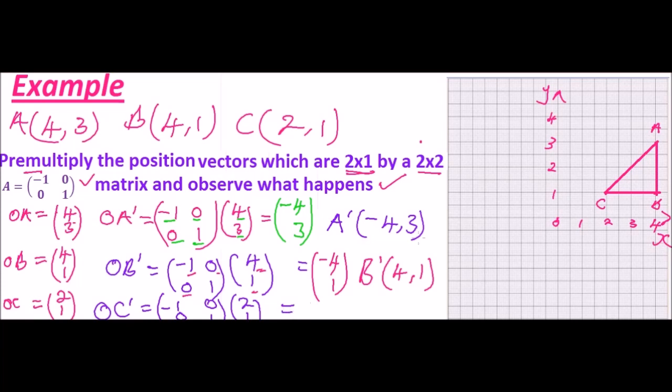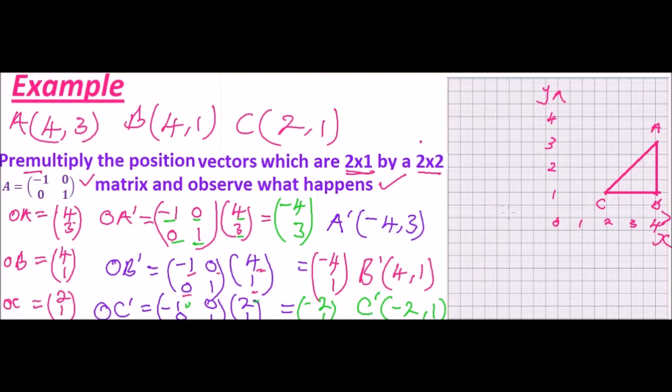So when you multiply that, you are going to get minus 1 times 2, that will give you minus 2, plus 0 times 1, that is 0. So you end up with minus 2. Then we have 0 times 2, that will give you 0, and 1 times 1 will give you 1. So you add 0 plus 1, you get 1. So our new position of C, that is C prime, will be minus 2, 1.